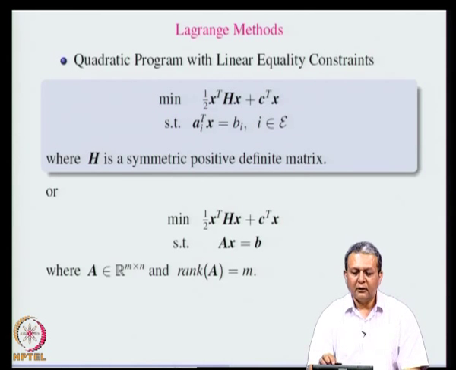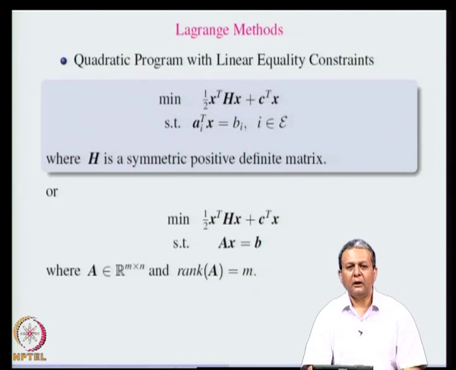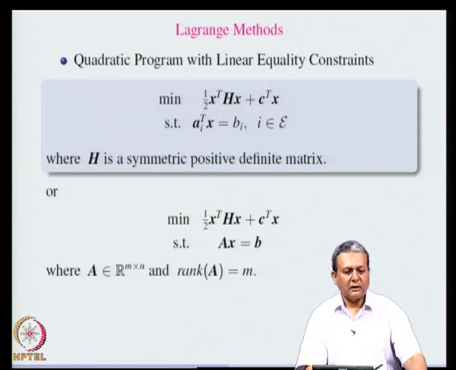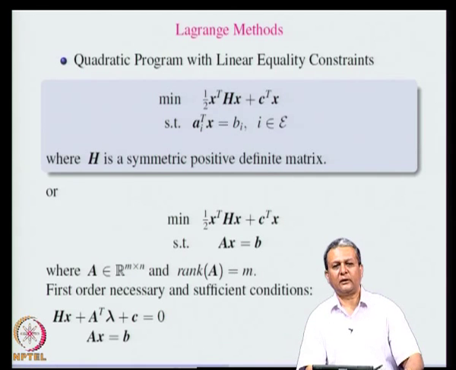You may see that the objective function is convex, because H is a symmetric positive definite matrix, so the Hessian matrix is positive definite. The constraints are affine, and we assume that Slater's condition holds. That means there is at least one point in the interior, or the constraint set has non-empty interior. So, the first order KKT conditions are necessary and sufficient.